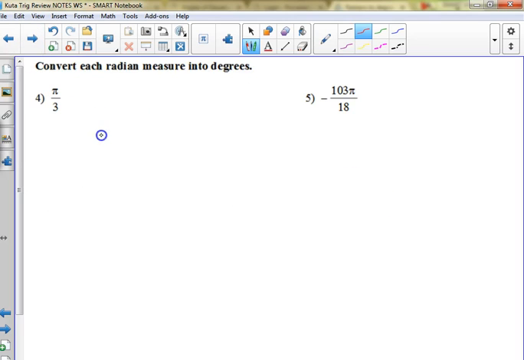All right, moving quickly on. This is already in radians. So we need to use that same conversion, but we want the radians to go away. So what are we going to multiply by? 180 degrees over pi radians. Okay. Pi cancels, radians cancel. We have 180 over 3, which is 60.